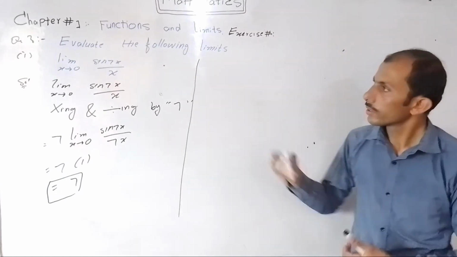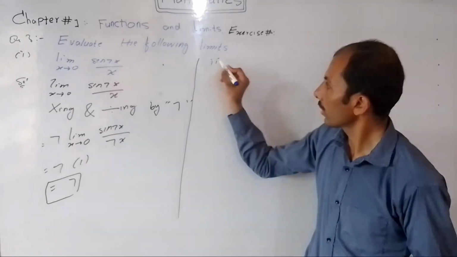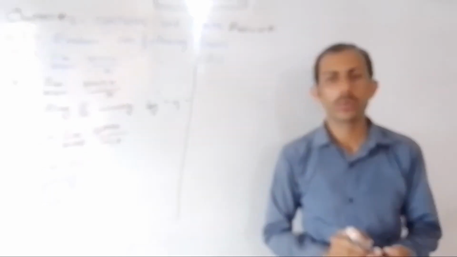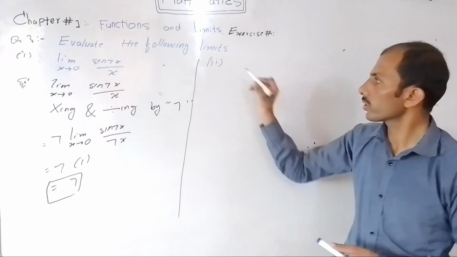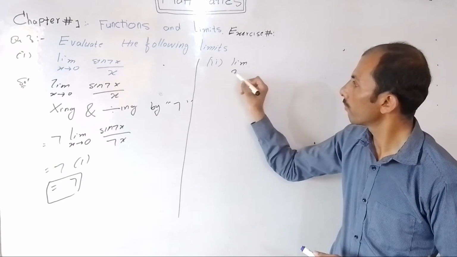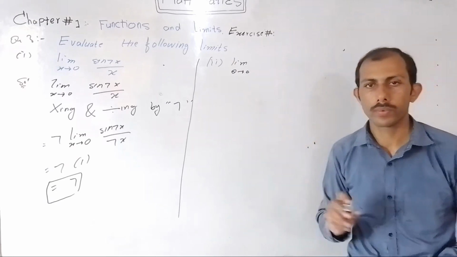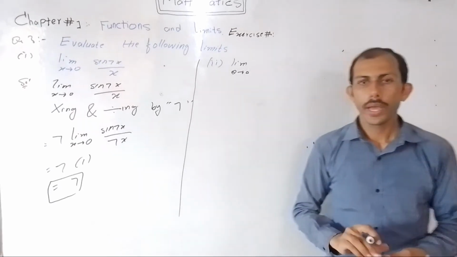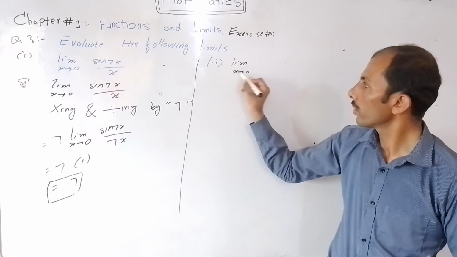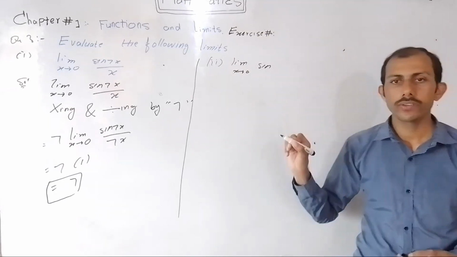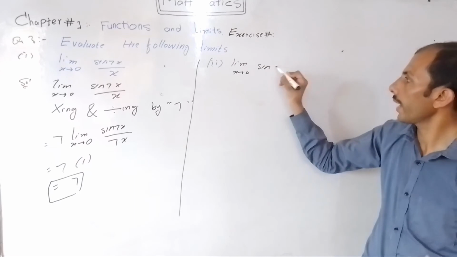Next, question 3 part number 2, limit x approaches to 0 of sin x degree divided by x.